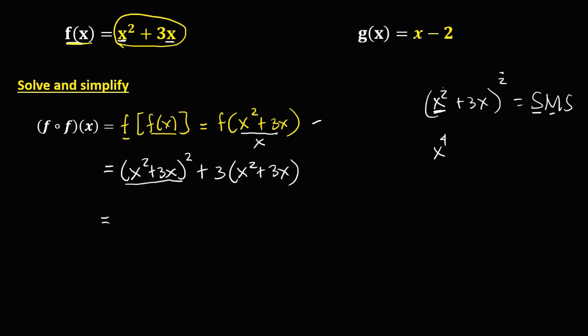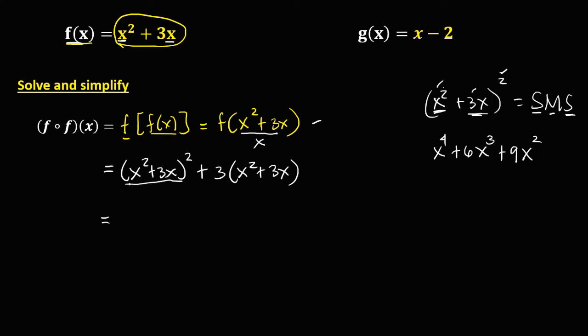Then 2 times 3x is 6x, and 6x times x squared, just add the exponent, is 6x to the power 3. Then the square of the last term, the square of 3x: the square of 3 is 9, plus 9, and the square of x is x to the power 2.